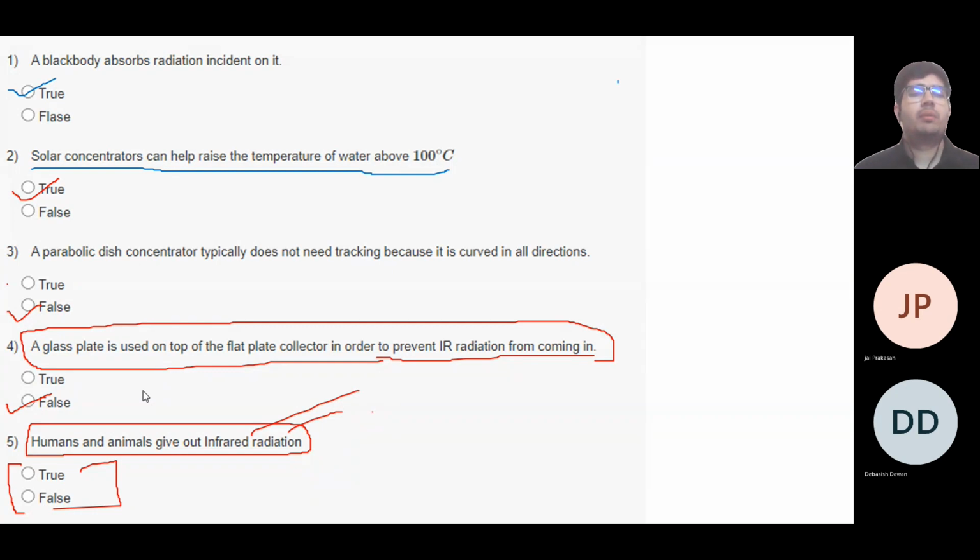But we are giving out some radiation, so this statement is correct. So these are the answers: true, true, false, false, and true.